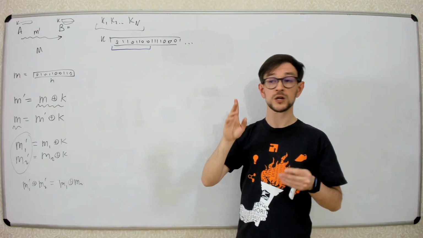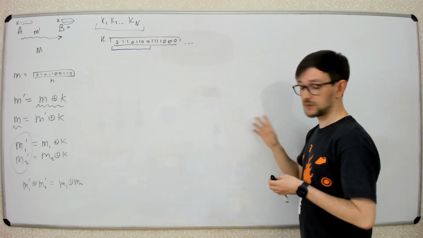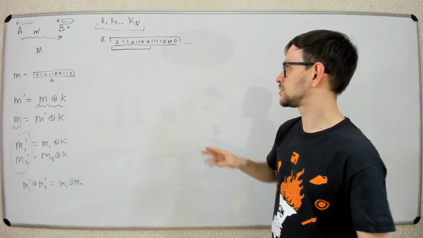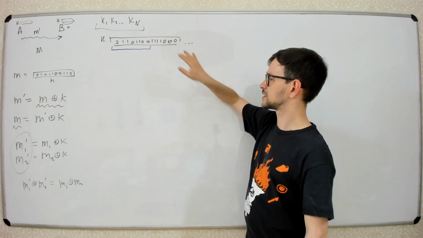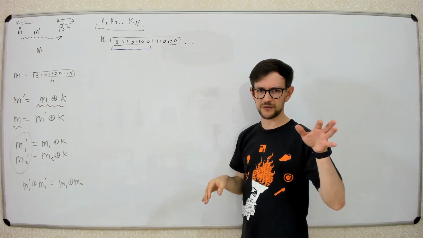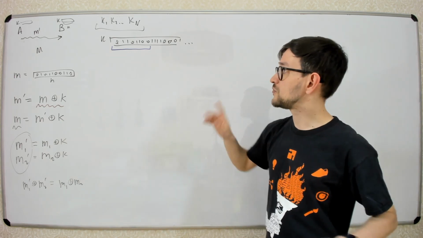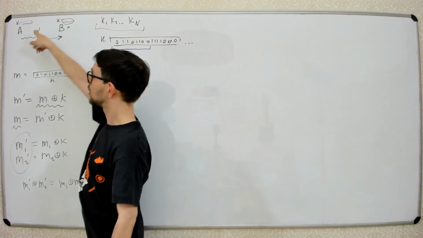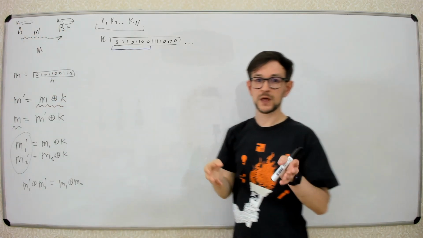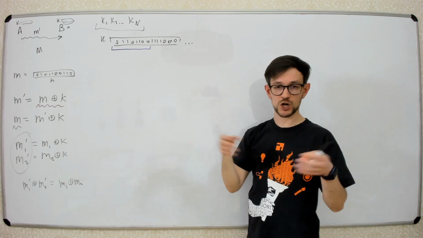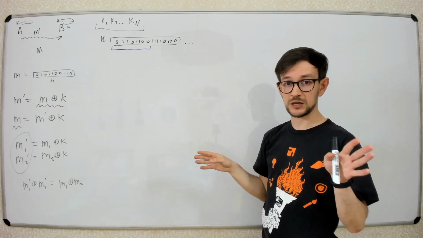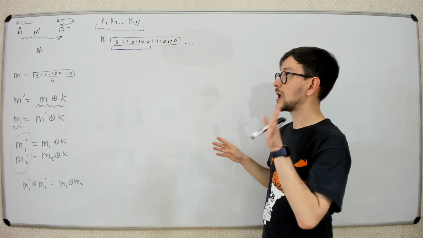This problem is pretty much solvable. If A and B have the same shared key, then they can exchange the message using some shared key cipher. There are a lot of them, and they are pretty good.